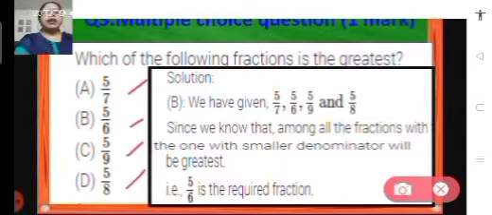So which is the fraction with the smallest denominator? It is 5 upon 6, the second one. So 5 upon 6 is the required fraction. Option B is the correct answer.